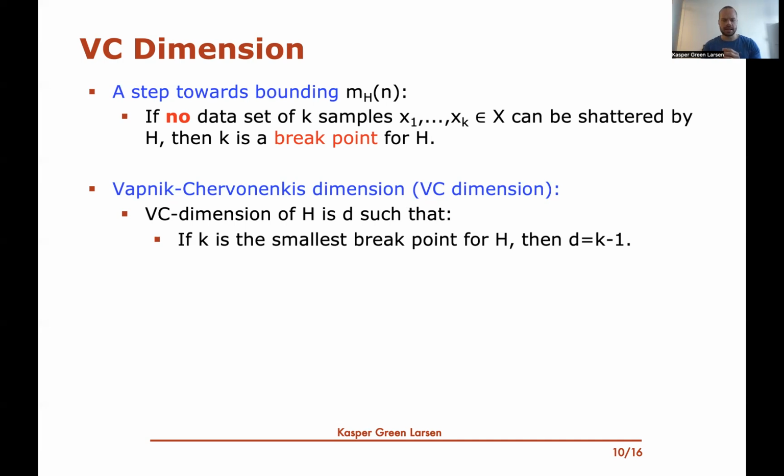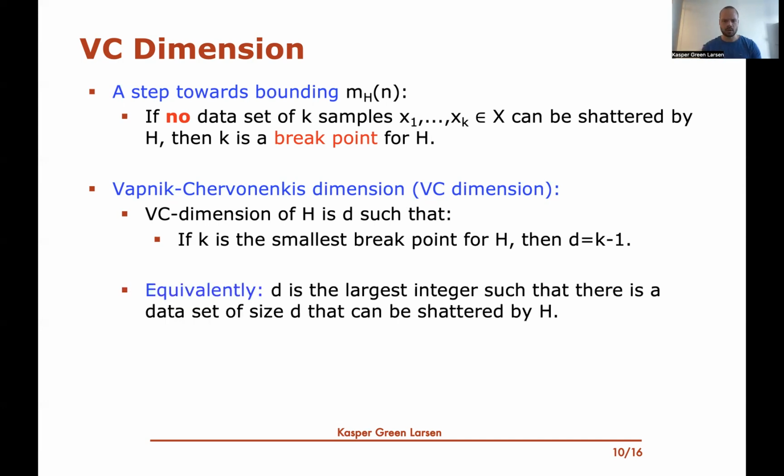Let's say that again. If K is the smallest breakpoint for the hypothesis set, then the VC dimension is K minus 1. Maybe a more intuitive way to say it is that D is the largest integer such that there is a data set of size D that you can shatter.